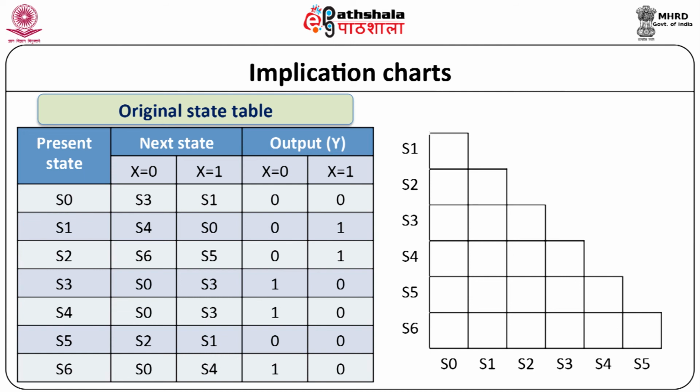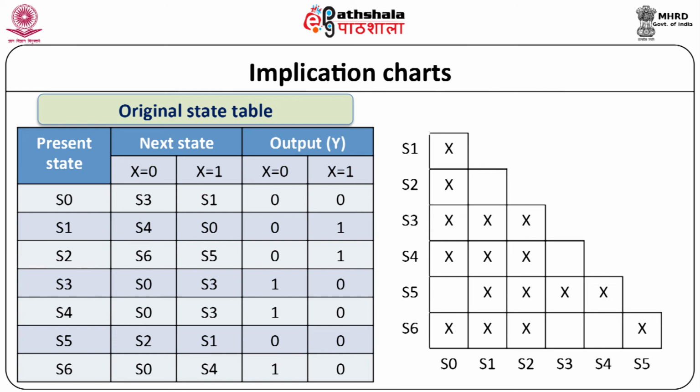Place an x in the square where the outputs are different. These states cannot be equivalent. Let us look at the state table and check the possibility of equivalences. The present states S0 and S1 cannot be equivalent as their outputs are different. So, let us put x in the square pointed by S0 and S1.